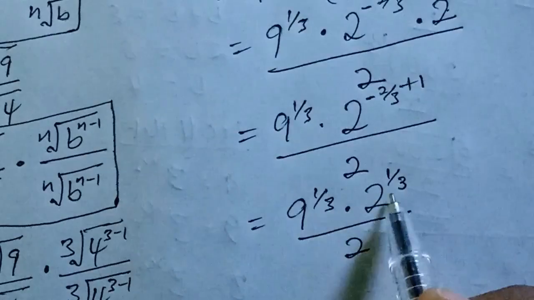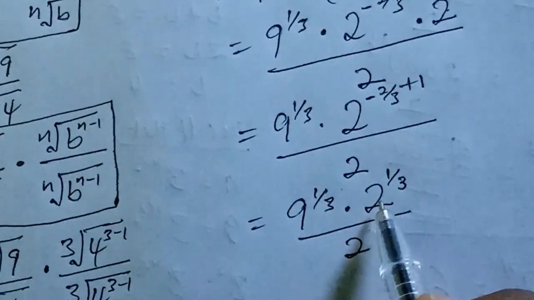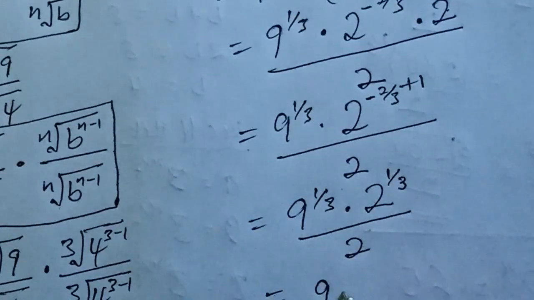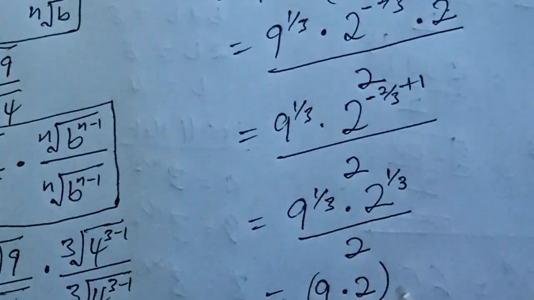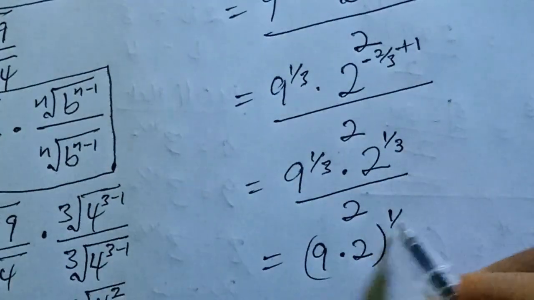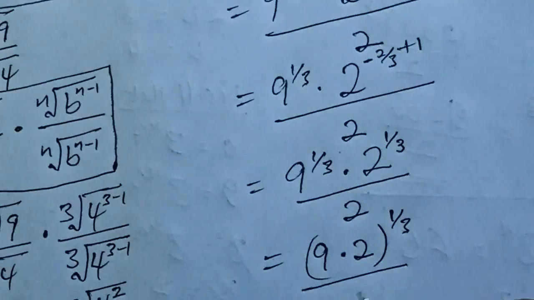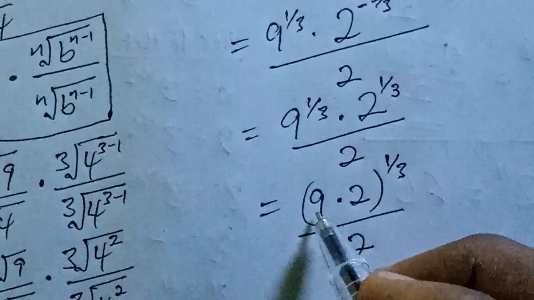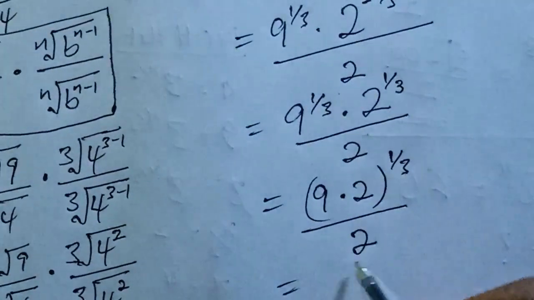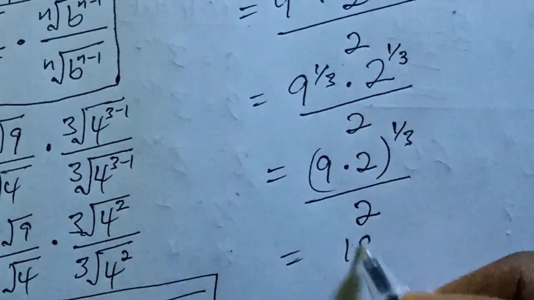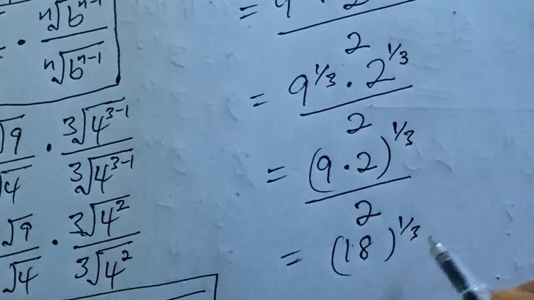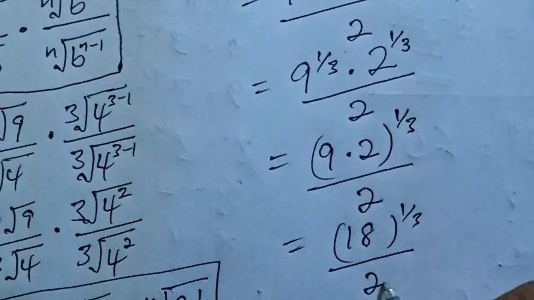So we can combine this since they have the same exponent. We now have 9 multiplied by 2 in brackets raised to power 1 over 3, over 2. 9 times 2 will give us 18. So 18 in brackets raised to power 1 over 3 over 2.